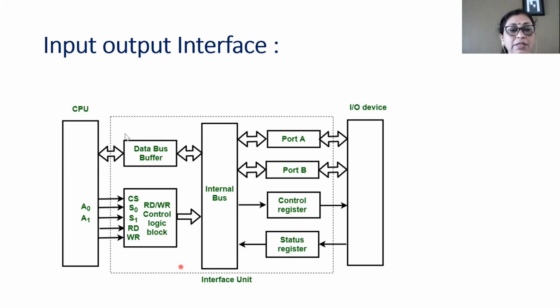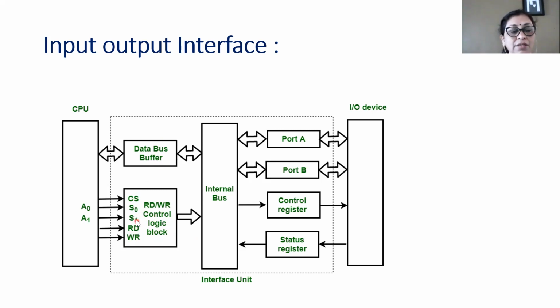And in the interface unit, you can observe different types of components. This particular component is called as data bus buffer. This component is a very important component, which is the control logic block. So you can see it is capable of providing various control signals.